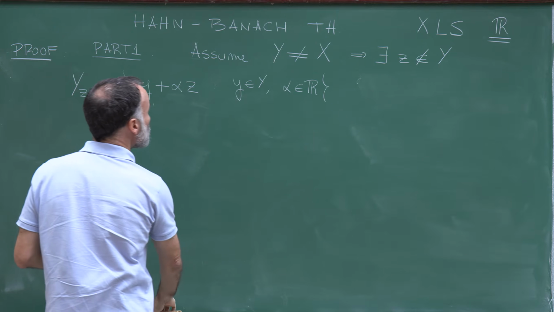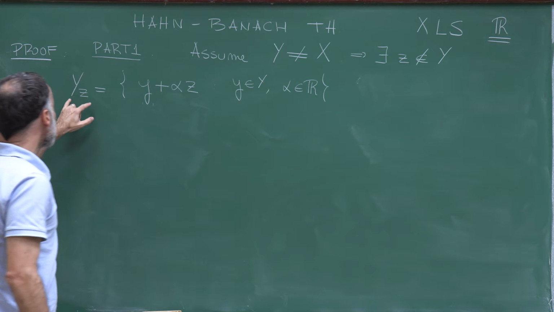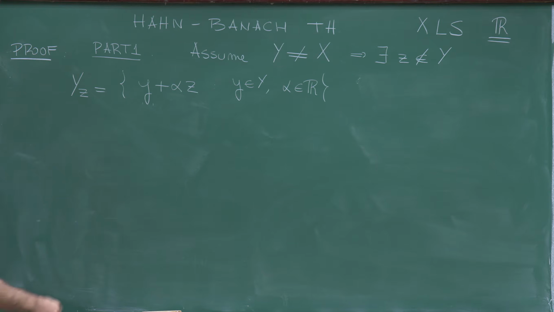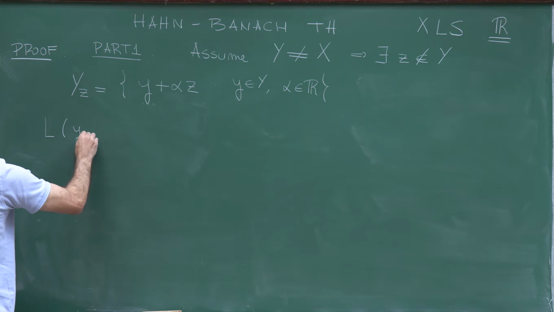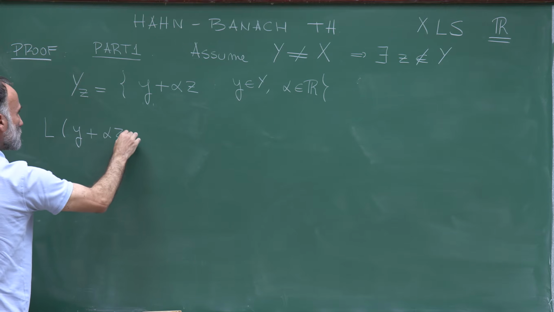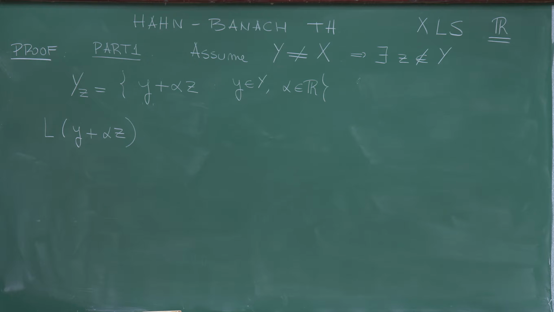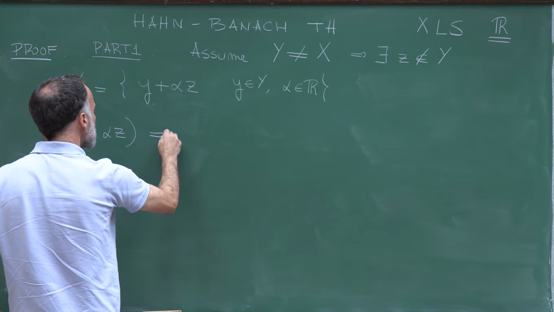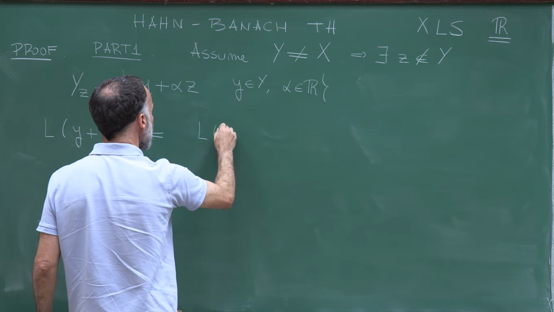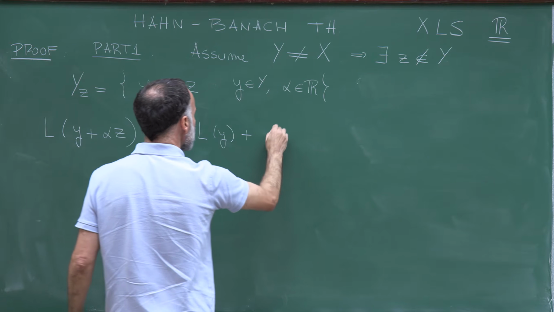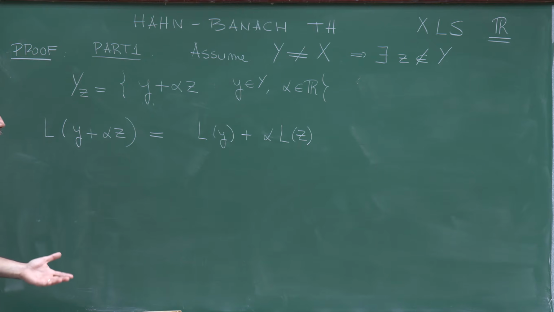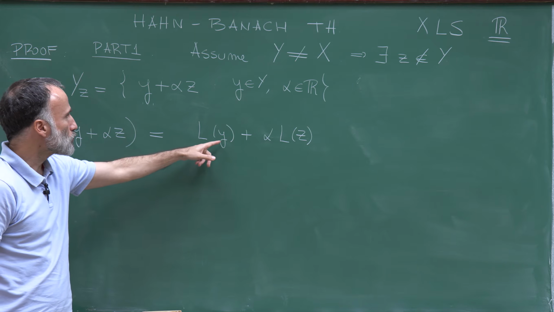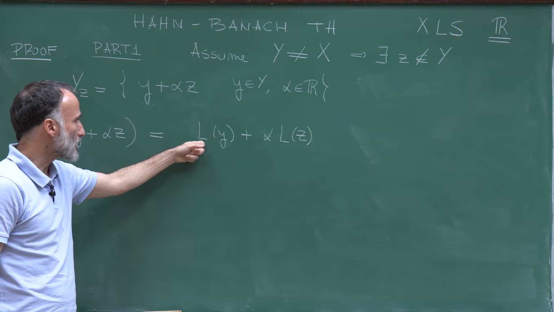Now l is defined on Y, and I want to extend its definition to Y + Rz. So I have to define L of y plus alpha z. But I want L to be linear. So L to be linear means that this is equal to L of y plus alpha L of z. Well, y belongs to Y, and I want L to be an extension.